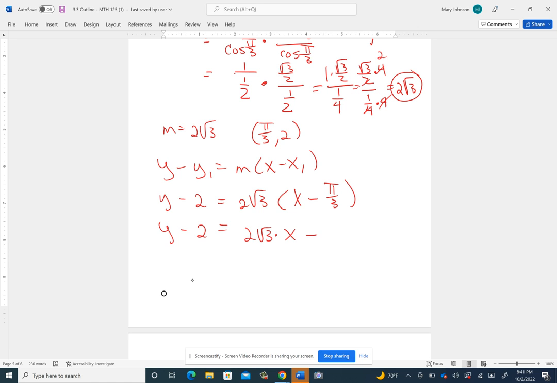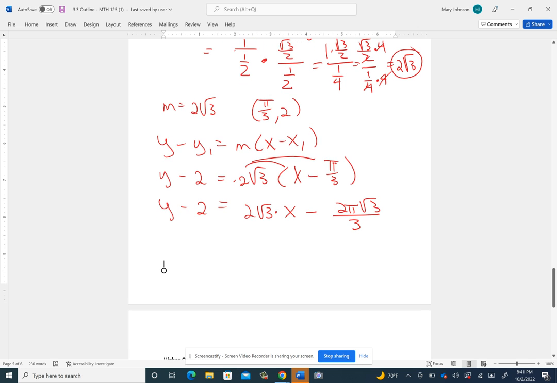So here I'm multiplying 2 square root of 3 times both pieces to distribute. That would be 2 times pi times square root of 3 all over 3 there at the end. But on this one, when I do that, I wind up with kind of a bizarre result because I would also wind up adding 2 to both sides to get the y by itself.